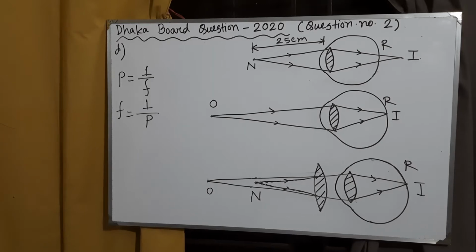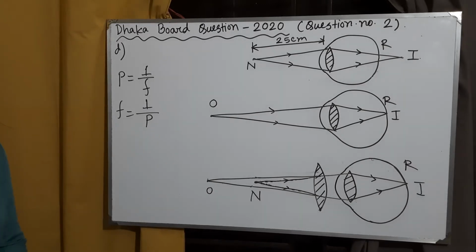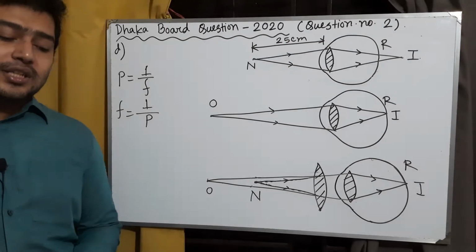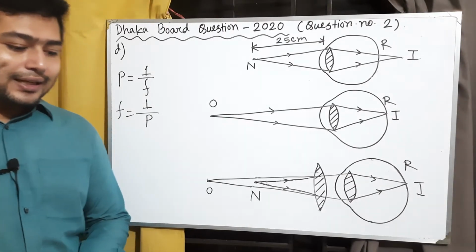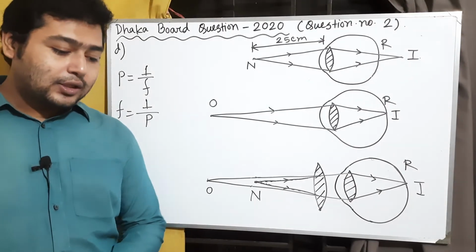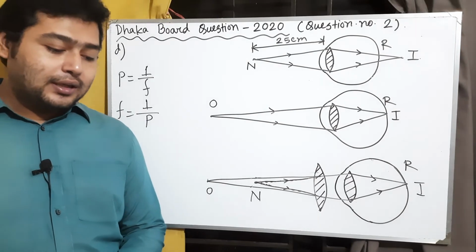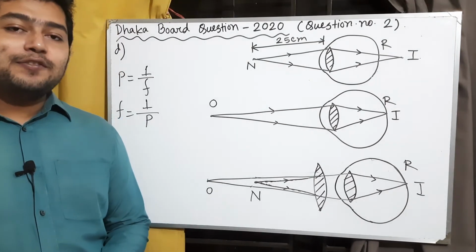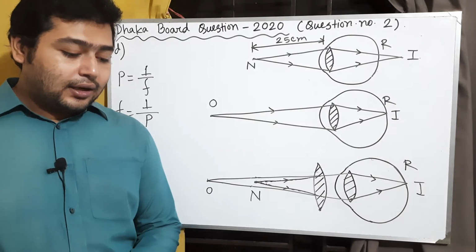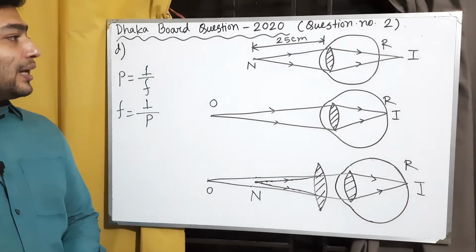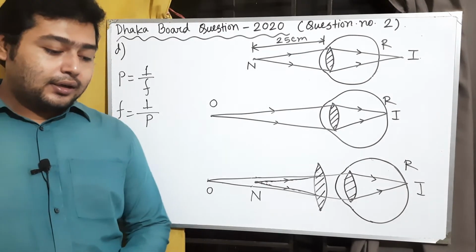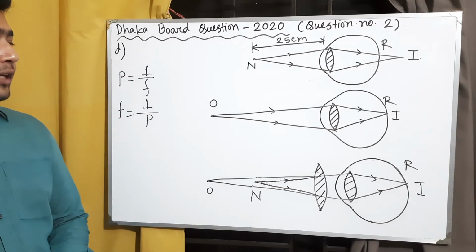Now we will discuss question D. The question is, discuss with a ray diagram the reason, effect and remedy of Mina's grandmother's eye problem.